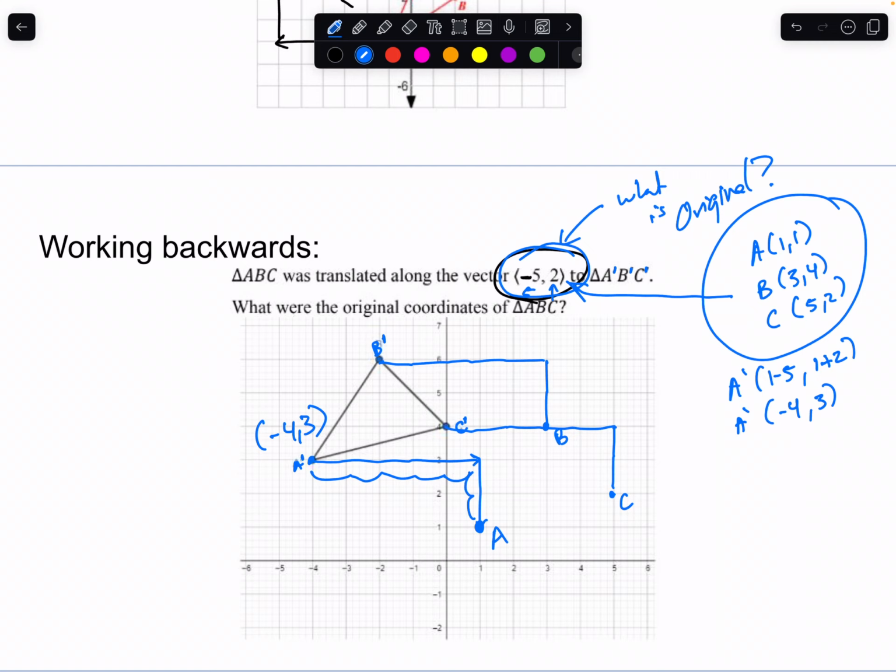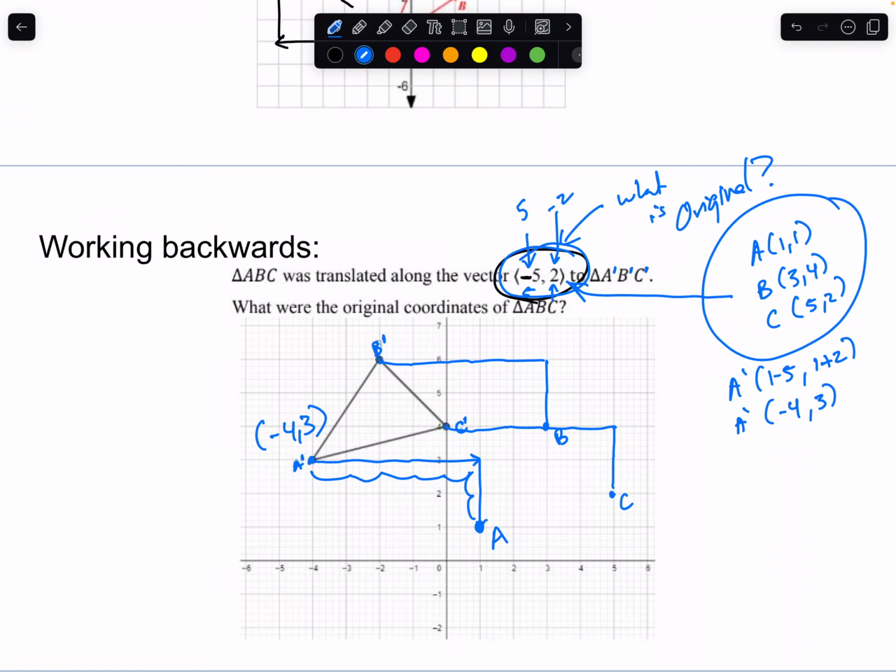So we're really working backwards to figure out if this was the vector that got us here, where did it start? Graphically, that's probably the most straightforward way to go. You work backwards from the vector. So you want to change the signs. This would become a positive 5, and this would become a negative 2, since you're working backwards.